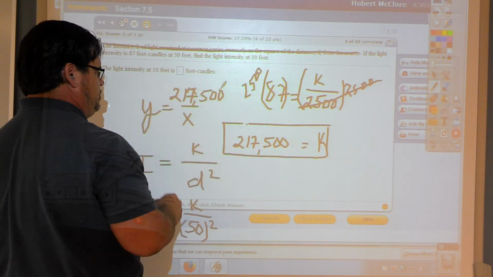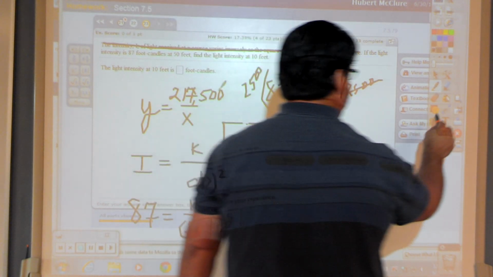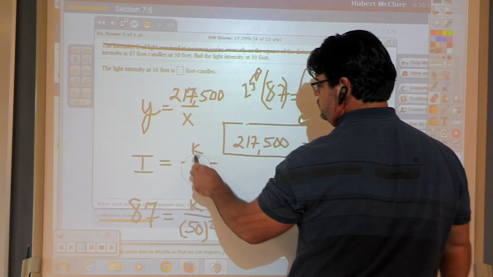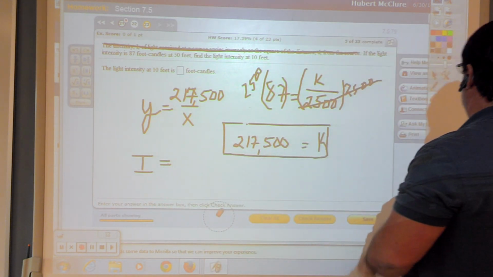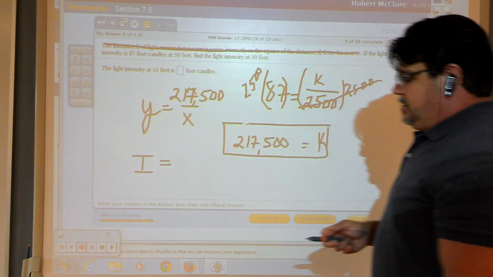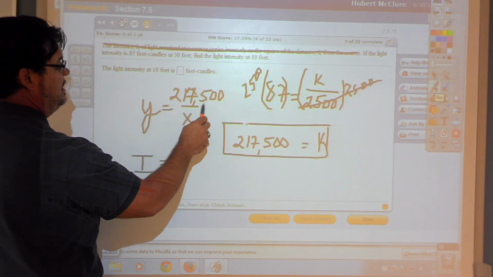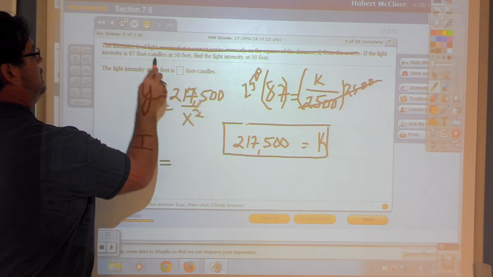And now, that's my new equation. So I is equal to 217,500 over x squared.